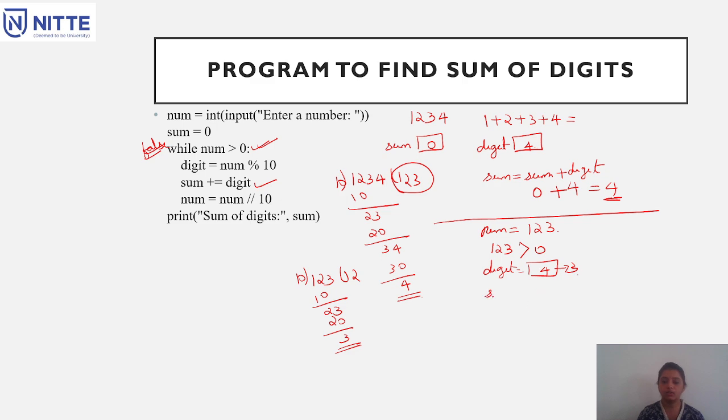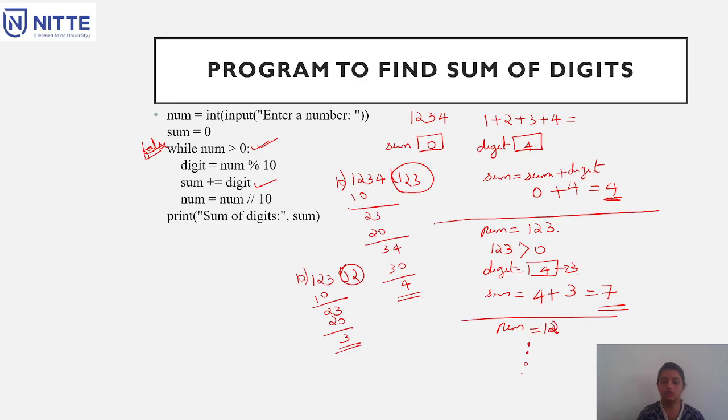And the loop continues. Sum is equal to, what is your sum now? Sum is 4. 4 plus digit is 3. 4 plus 3 is 7. Now, the quotient is what? Quotient is 12. Now, in the new iteration, num is equal to 12.